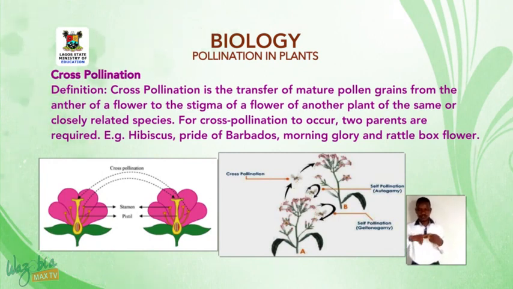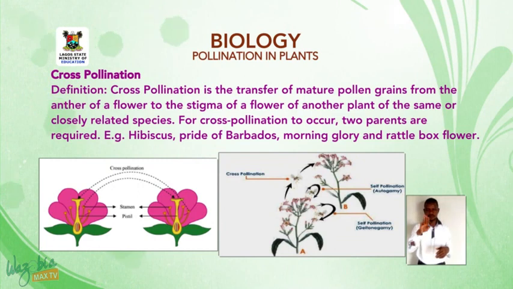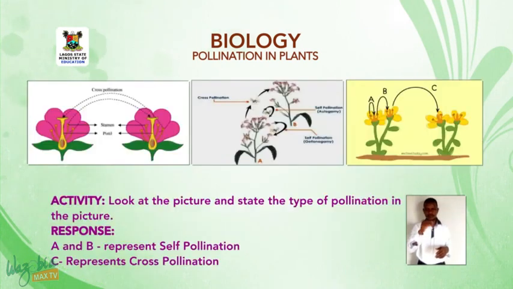For cross-pollination to occur, two parents are required. Examples are hibiscus, pride of Barbados, morning glory, and reticulous flower. Look at the picture for cross-pollination.